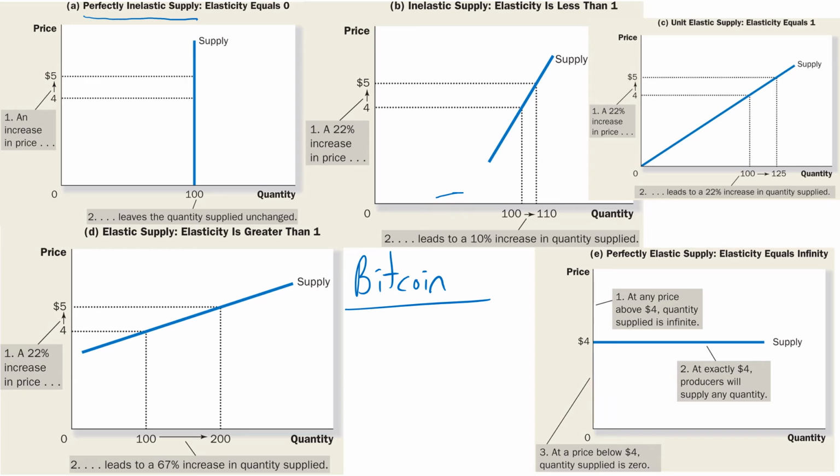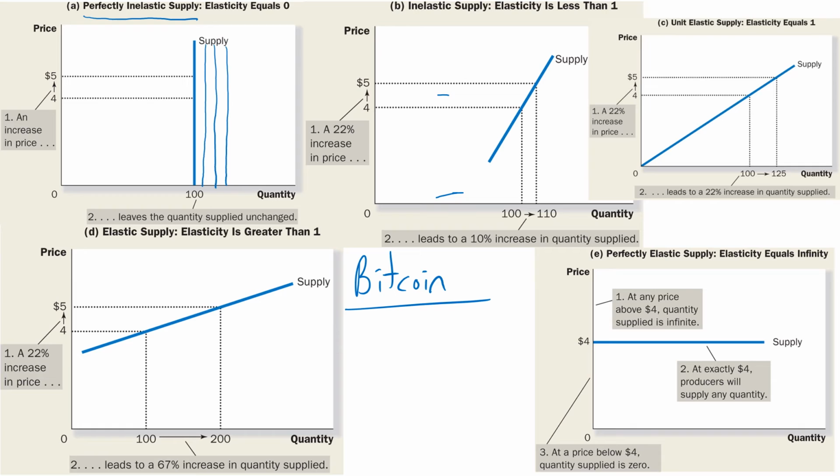So it is true that right now the Bitcoin supply is going up, but it's not responsive to price changes, because it's in its programming. The price goes up, the price could double. It's not really going to change the additional supply of Bitcoin that comes to the market.